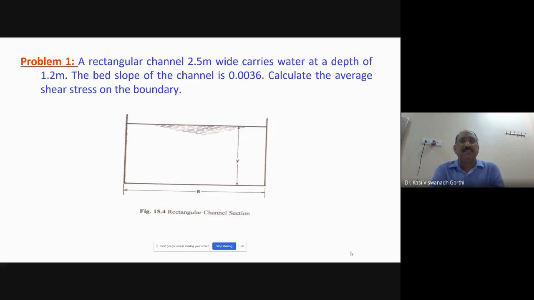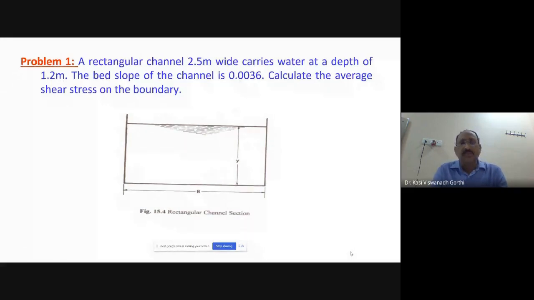So we start with a very simple problem for analyzing the uniform flow in a rectangular channel. A rectangular channel, 2.5 meters wide. The bed width is given as 2.5 meters. What would be the top width?